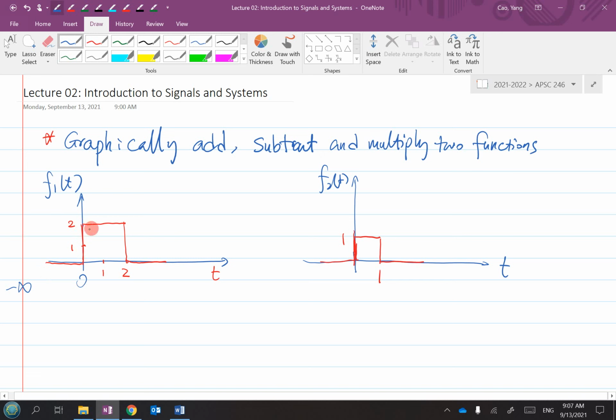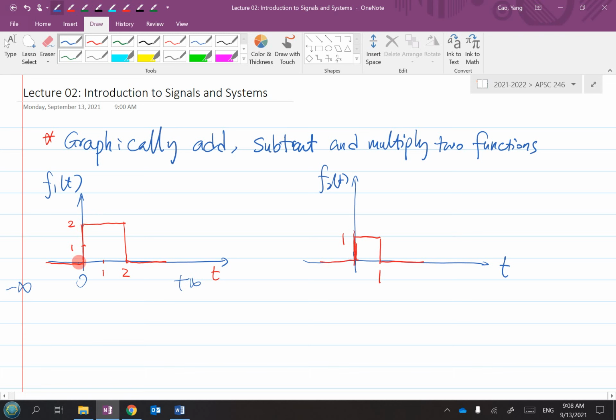Okay. And then from 0 to 2, you have a value of 2 for this function. At t equal to 2, it jumps back to 0, and then all the way to positive infinity. So that's basically what f1 of t is.